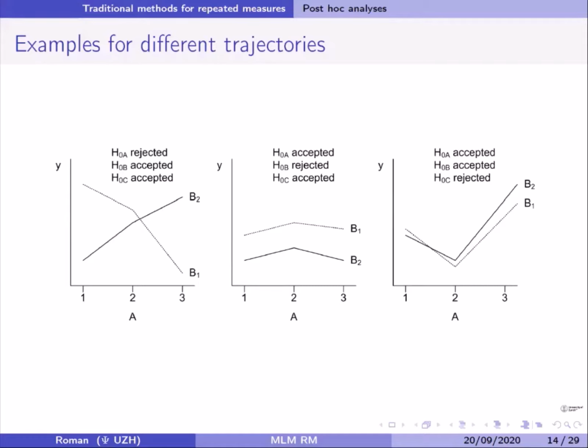HOB is rejected, however. So again, 1, 2, 3. 2 plus 2, 2 plus 2 versus 1 plus 1, 2 plus 1, right? So this group B1 has a higher average than B2, okay?